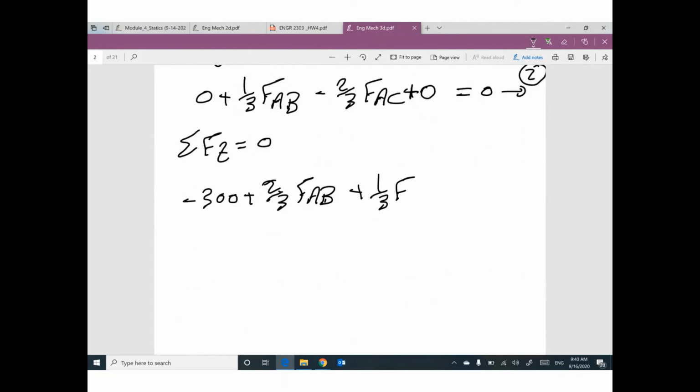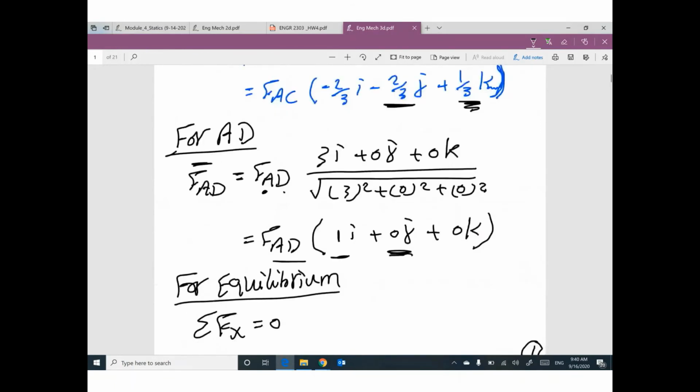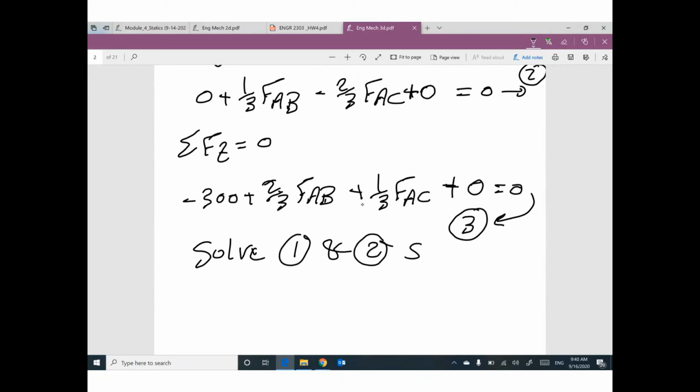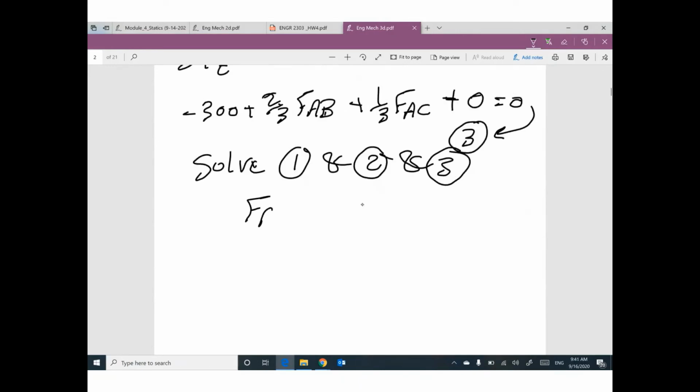We have zero component here, I think. Zero component for z equals 0. Third equation. Solve equation 1, equation 2 and equation 3 together. I can figure out the value of FAB, the value of FAC, the value of FAD.